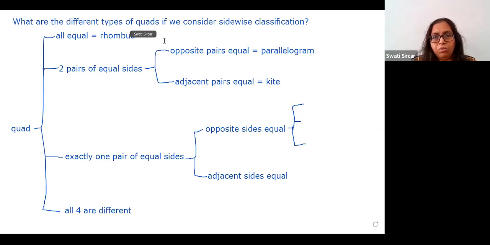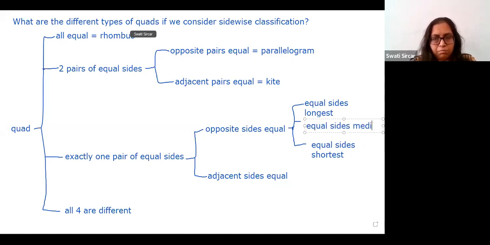So that's equal sides longest, equal sides shortest, and equal sides medium.